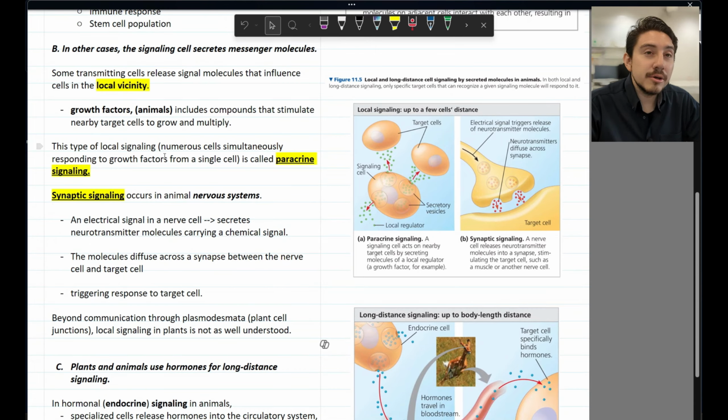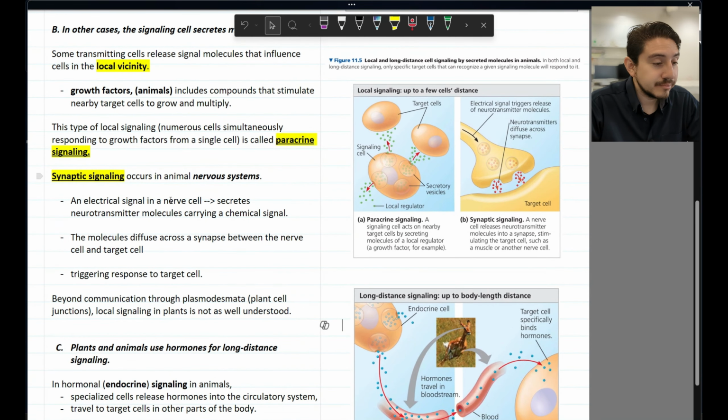Generally, they're growth factors, hormones or proteins, and in animals they have compounds that could stimulate nearby target cells to grow and multiply, to relay a signal. This is the panel you see here. This type of local signaling is commonly called paracrine signaling, where numerous cells can be affected by just one cell that is releasing some type of signal.